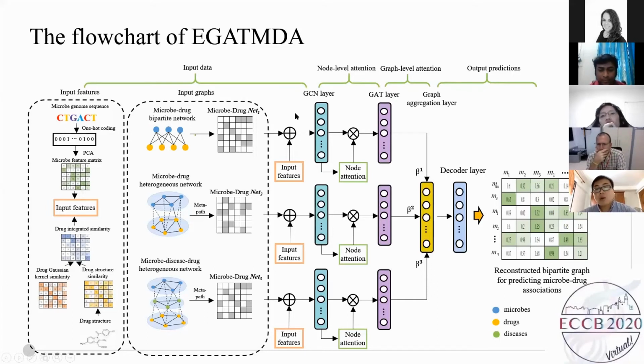And then we design a two-layer model with node level attention and graph level attention to learn node representations. With the representation for nodes, we can calculate association probabilities between microbes and drugs.